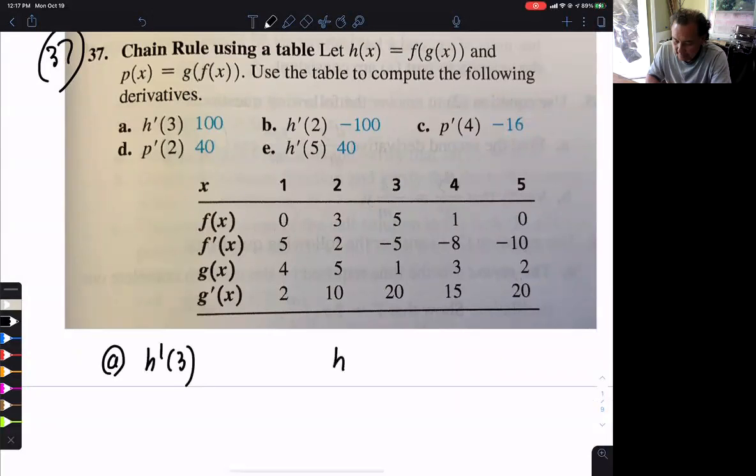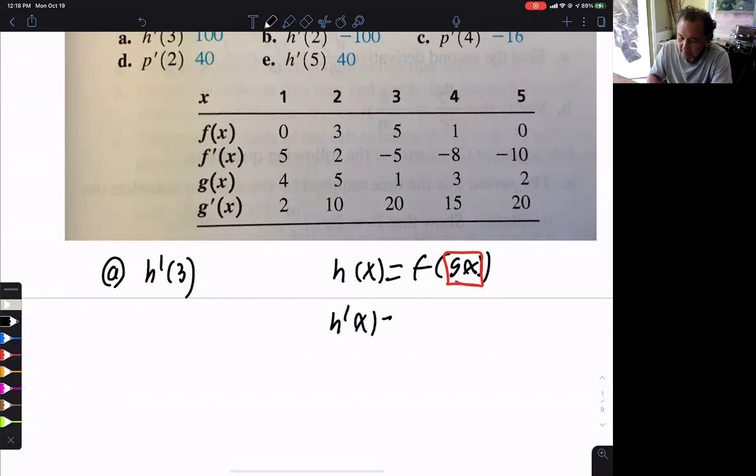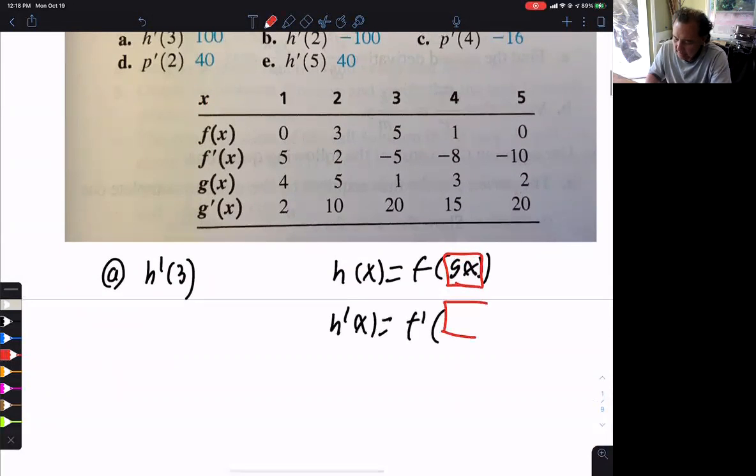Well, H of X is given as F of G of X. Well, this is your box, your inside function. So we want the derivative. What's the derivative of F of box? F prime of box, right? But box is the original function, so it's just G of X, times the derivative of box.